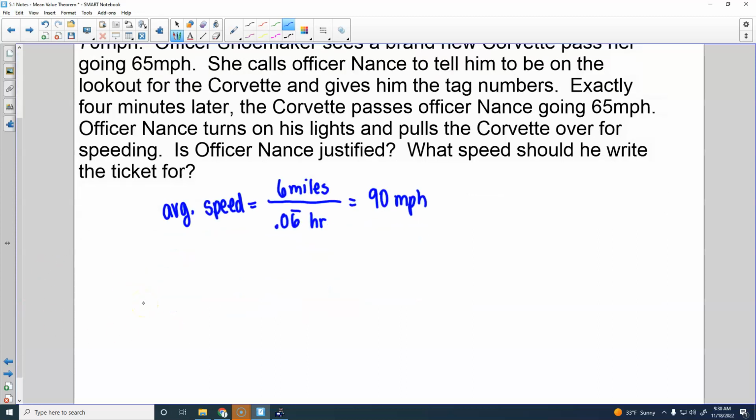So by the mean value theorem, we would know that his speed would have to be continuous and differentiable, right? Assuming that he is not capable of time travel or something, we would have to assume that speed is continuous and differentiable.